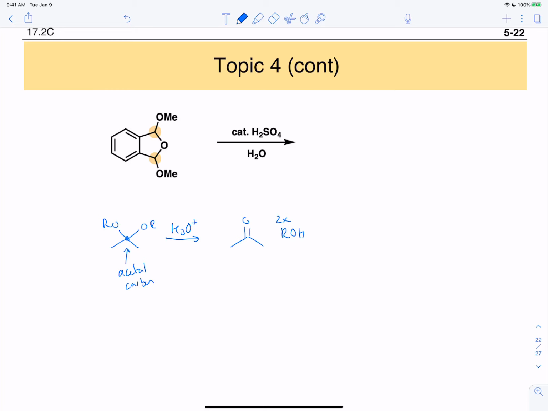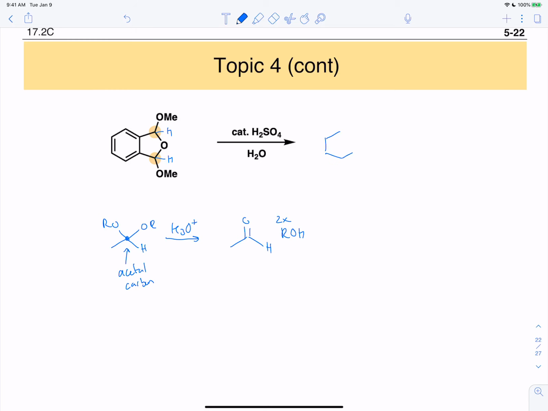So in this case, we can follow the same sort of logic where we're going to take this central carbon and turn it into the corresponding carbonyls. Note that if this acetal carbon had one carbon and one hydrogen, we would end up making an aldehyde instead of a ketone. And in this case, each of these do have hydrogens.